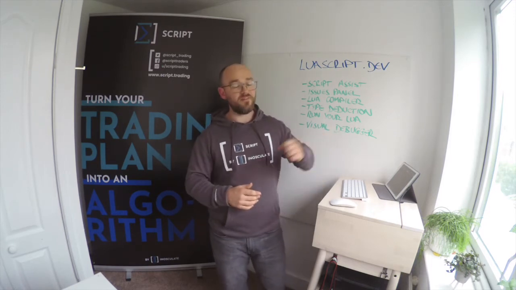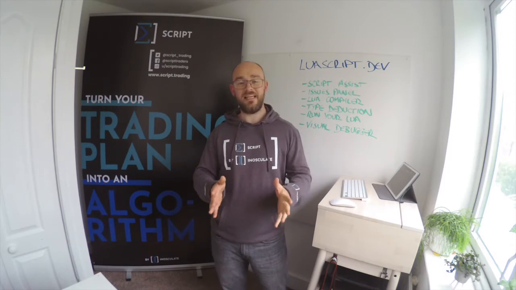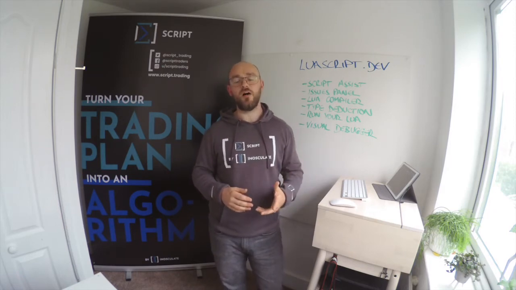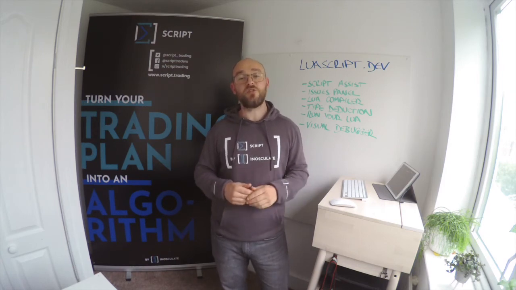So we can say we have a variable A, and we're going to say explicitly in code that this is a number. The LuaScript compiler goes one step further in this case and takes your vanilla Lua, which does not define types, and implicitly deduces all of your types.